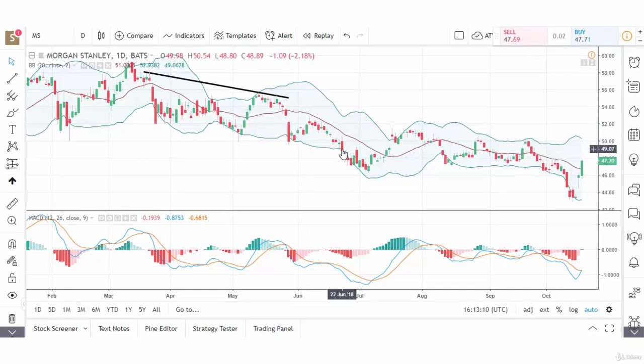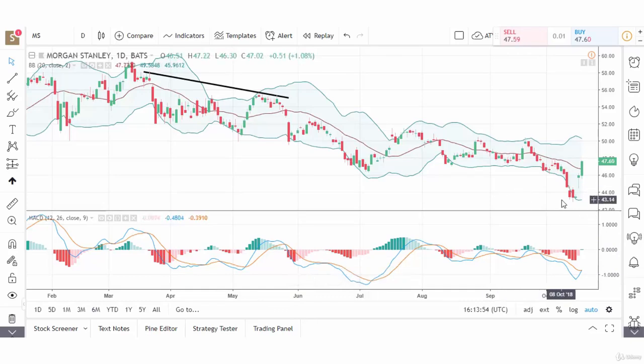And at that point, when it reaches that target, we can either cover our position or move our stop down to that target and keep rolling our stop down as the stock moves down. You'll see this whole time our MACD is in agreement with our position. It has gone to a sell and has continued down in a bearish fashion with the stock.